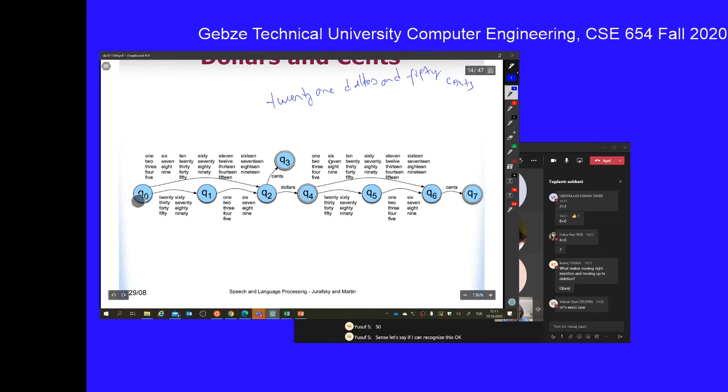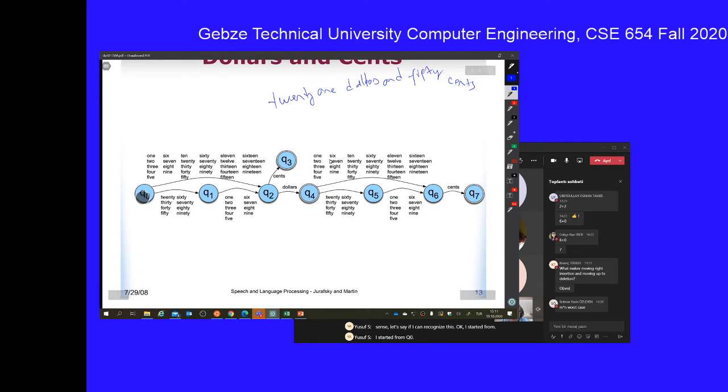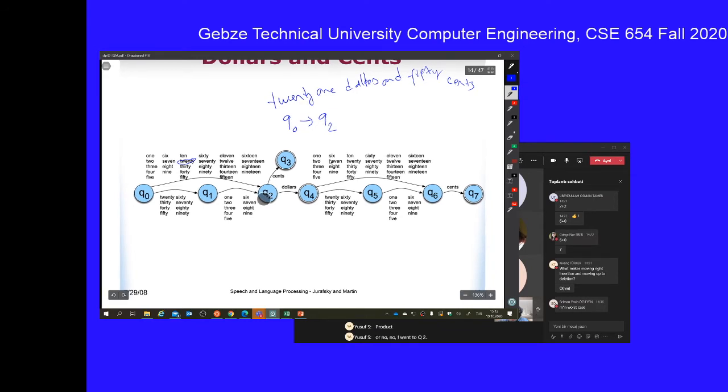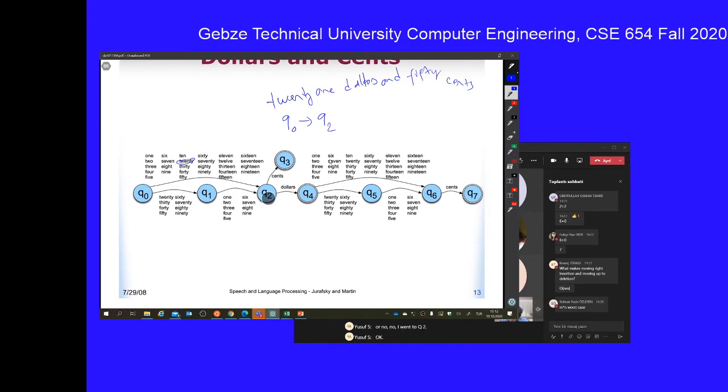I started from Q0. When I'm at Q0, if I receive 20, where is 20? Here is 20. I found 20. So that means I am taking this transition. I started from Q0, then I went to Q2. 20.